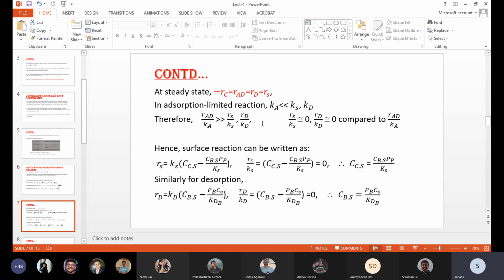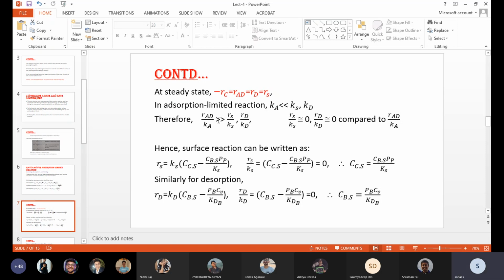If it is so, then RAD by Ka, rate of adsorption by the forward adsorption rate constant, is very, very greater than Rs by Ks and Rd by Kd. Rad, Rs, Rd are all equal, but Ka is very low compared to Ks and Kd. So if you take Ka in the denominator, then obviously this quantity will be very high compared to the other two.